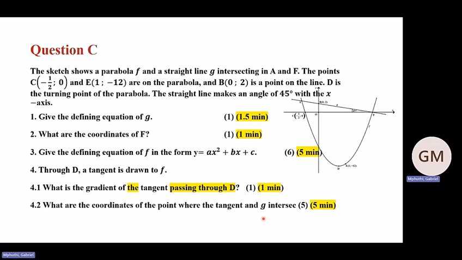And they want also the coordinates of the point where the tangent and G intersect. When you draw, you don't need to actually draw them, but you can. So they want the coordinates of the tangent where it is equal to that straight line.